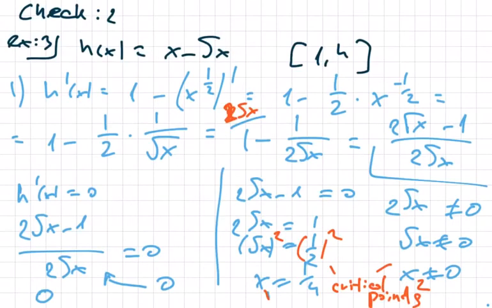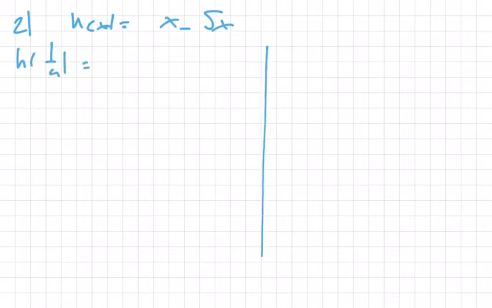The next step is putting these critical points into h of x. Okay, h of x is equal to x subtract root x. The first is h of 1 over 4. Here you have 1 over 4 minus the square root of 1 over 4.